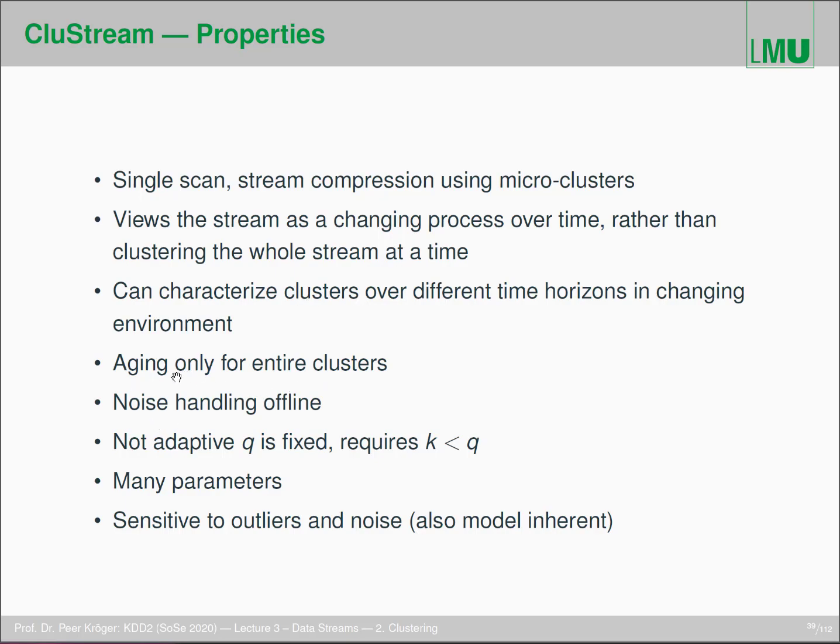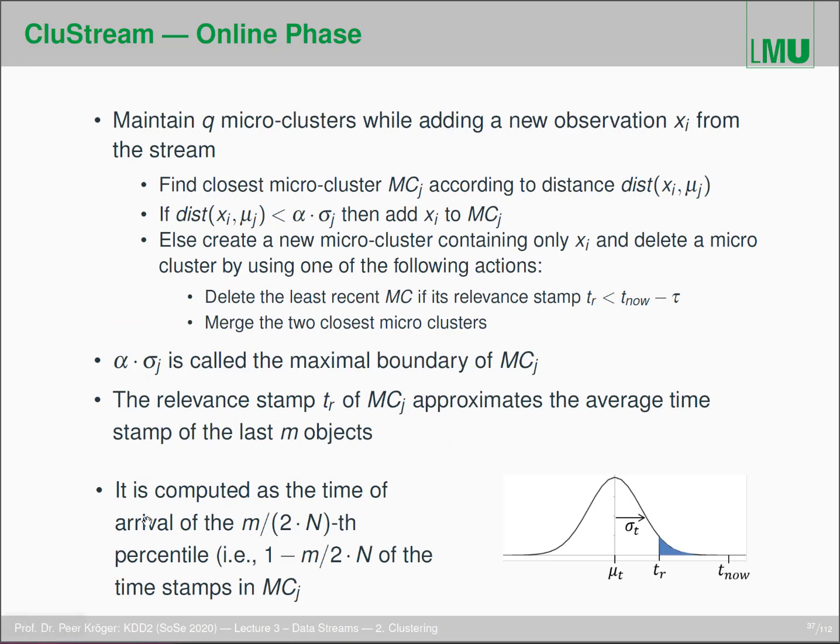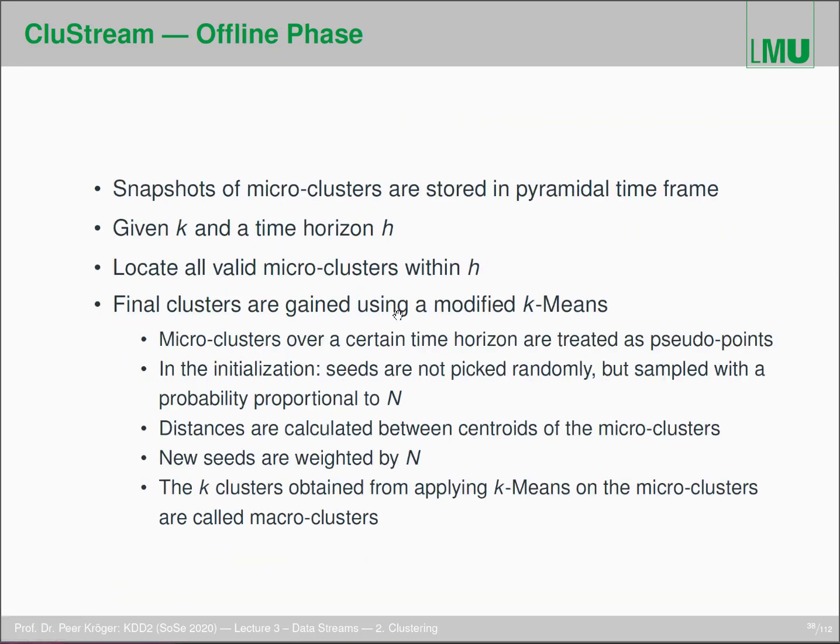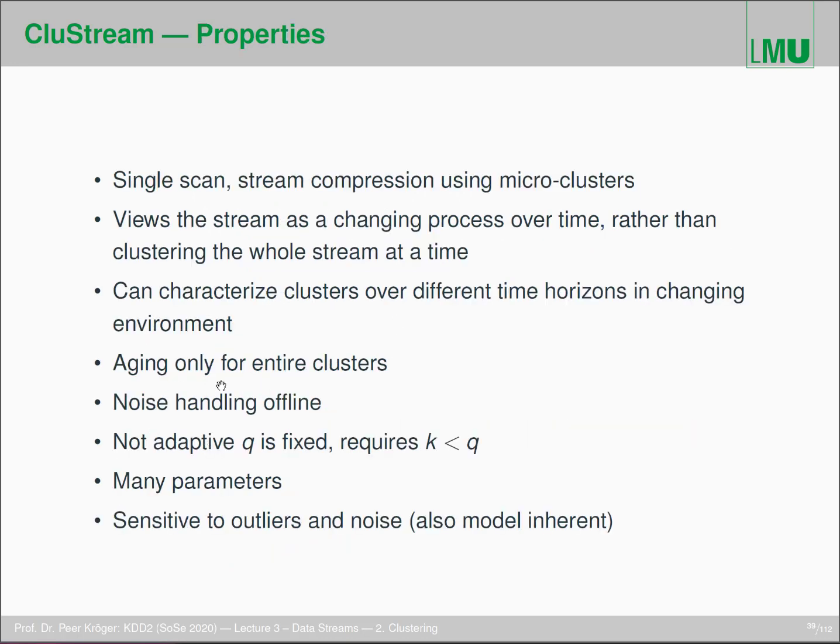However, only entire clusters are aging, because here you only delete entire microclusters and not individual points. So the aging is only for entire microclusters. Noise handling has to be done offline, so there is no online noise handling.